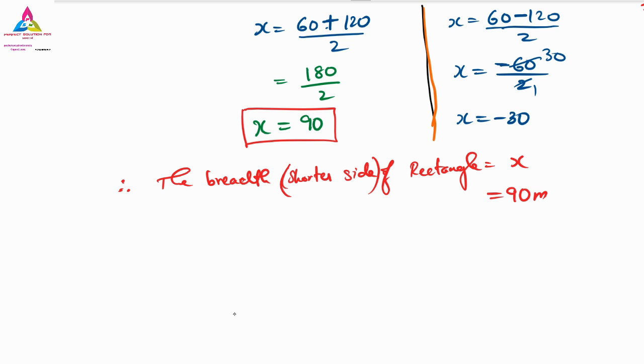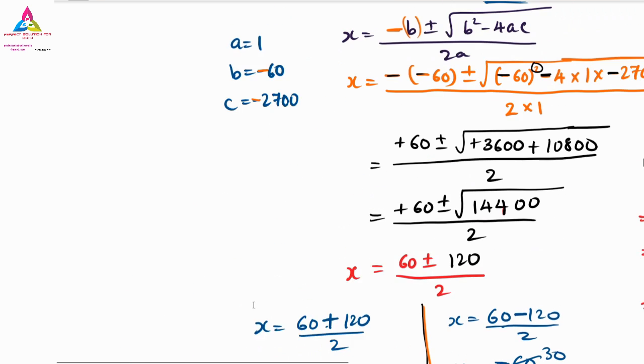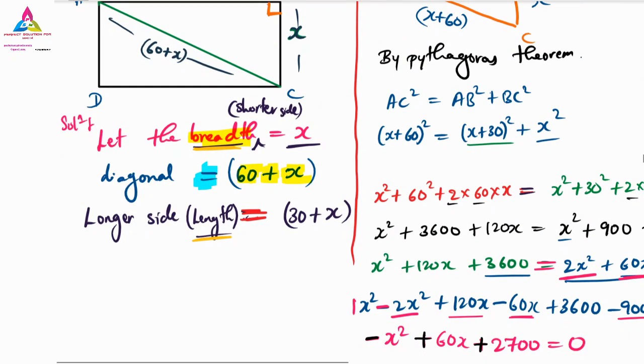And similarly the length, or longer side of a rectangle, is equal to what we have taken, that is the longer side, 30 plus x, or x plus 30.